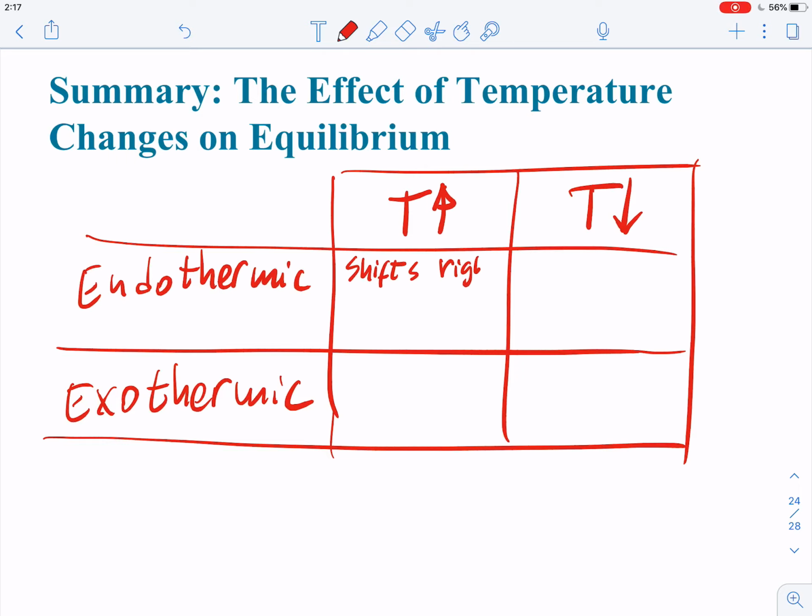And if you decrease the temperature in an endothermic reaction, the equilibrium shifts left and K decreases.